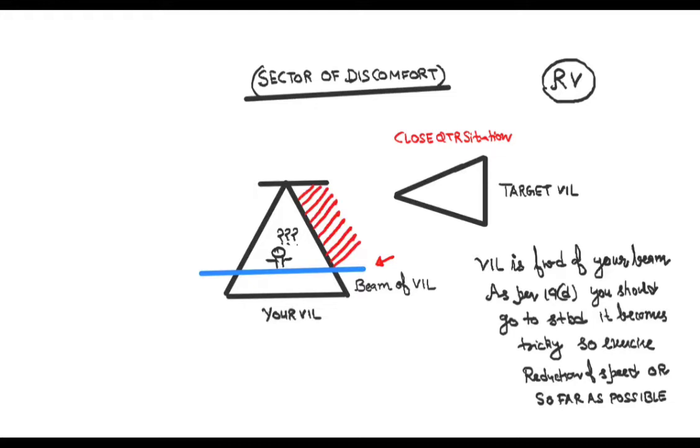In that case, if the vessel is forward of your beam, remember, as per 19D, you should go to starboard, but it becomes very tricky. So exercise either reduction of speed or use the leverage so far as possible. How to use so far as possible? We'll get to that. First, I want to tell you about reduction of speed.